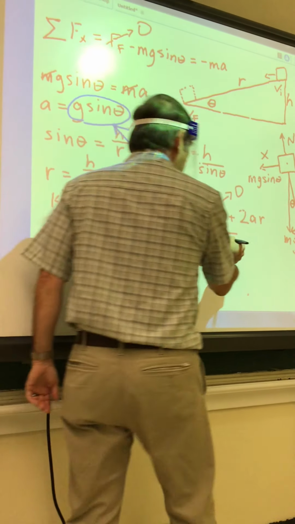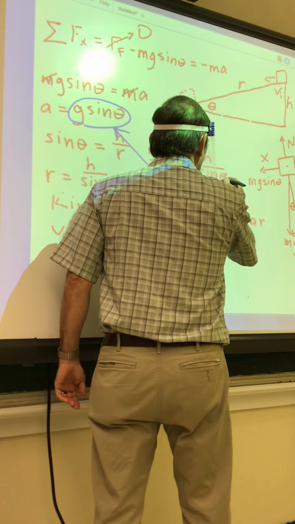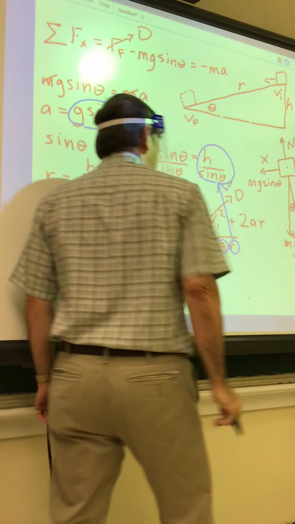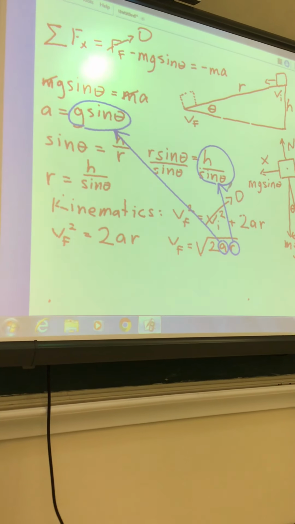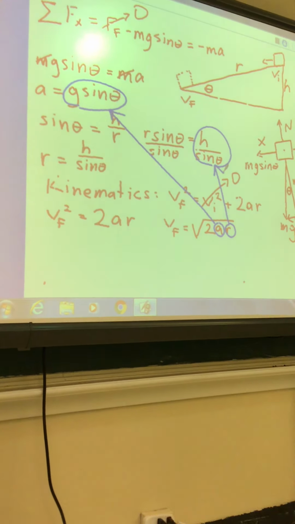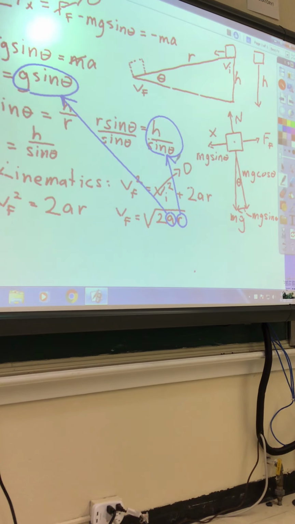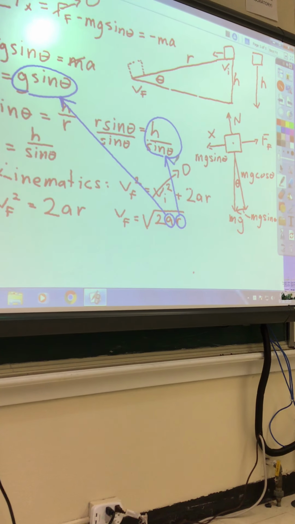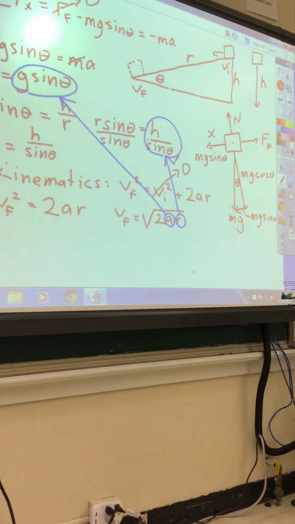And then R, replace it with that term. Because I don't want R in my equation and I don't want A, I want H and G. Because now I can compare with my free fall block. So, having said that, let's do that.